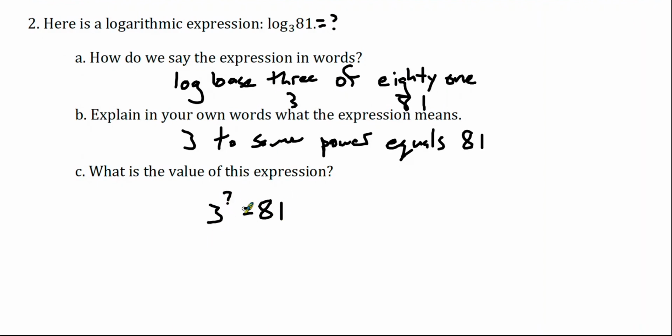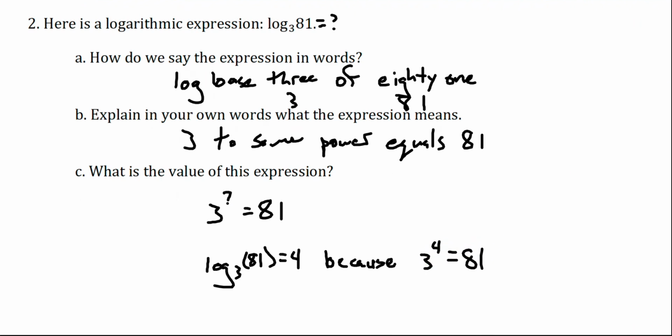Right? Well, this one works out nice: 3 to the fourth power equals 81. So I can say log base 3 of 81 equals 4 because three to the fourth power equals 81.